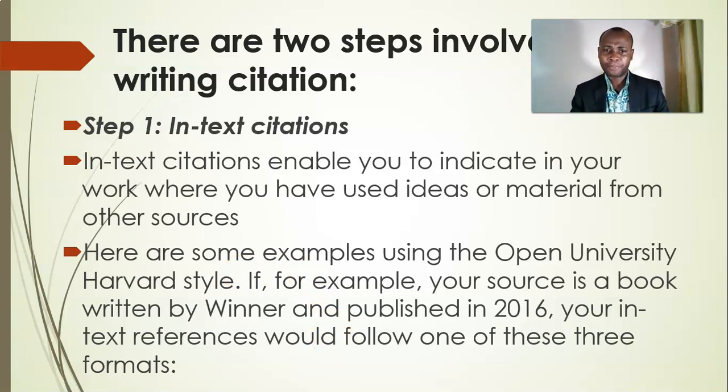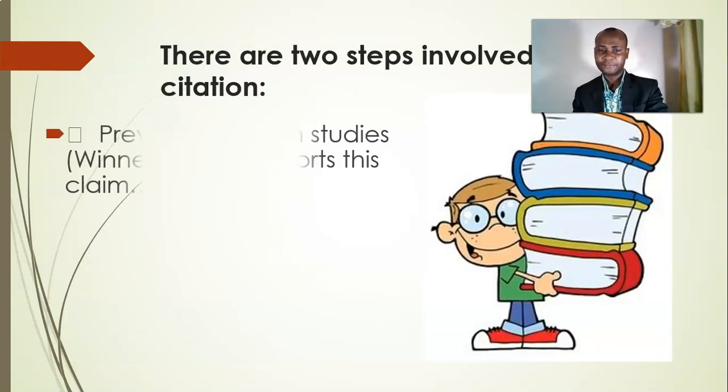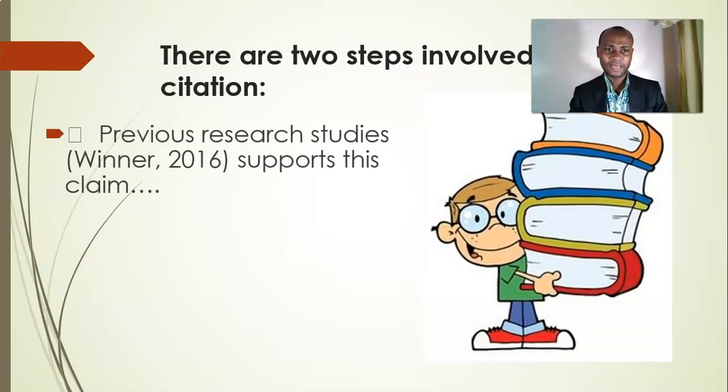So if, for example, your source is a book written by Winner and published in 2016, your in-text reference will follow one of these formats. It could look like this: previous research study (Winner 2016) supports this claim.